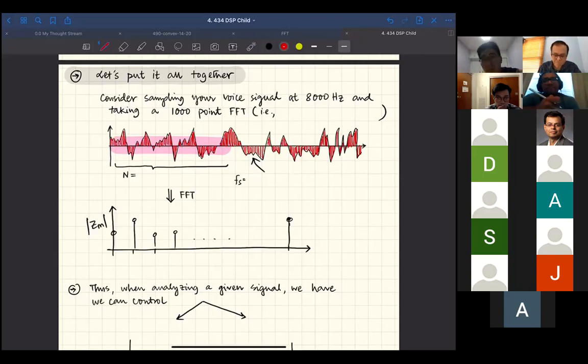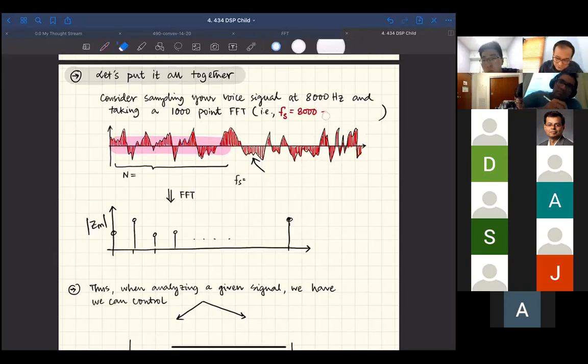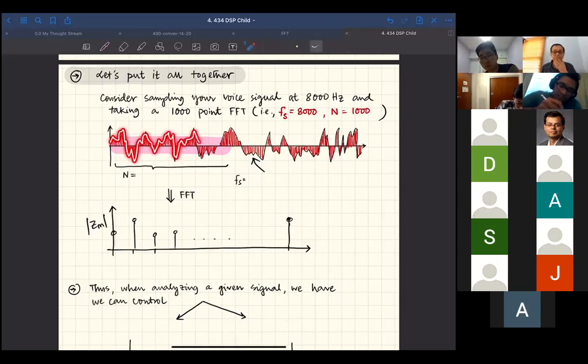Okay, so that means Fs equals 8,000, and let me not write hertz, let me just write that. And N equals 1,000. What does that mean? That means when this voice signal comes, in 1 second I have taken 8,000 samples.